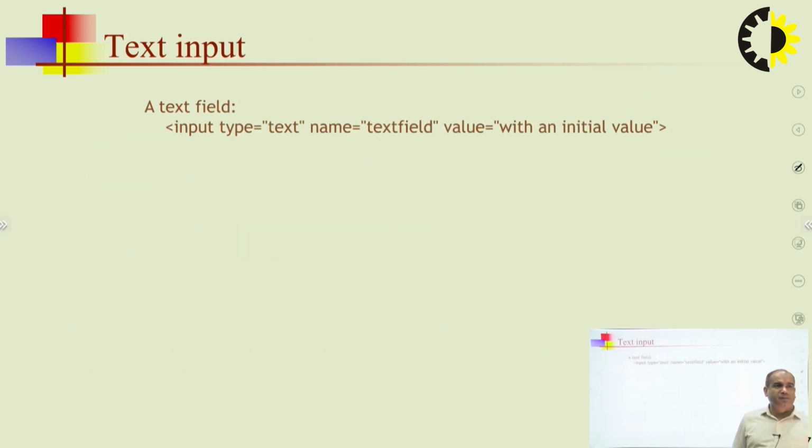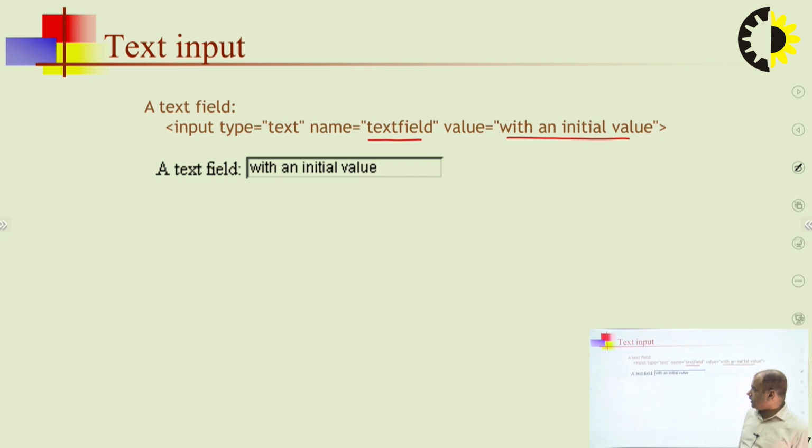So first we are talking about input type. The syntax for input type equal to text. Here is the name of that text box, text field. Value: if we write value, here the value means an initial value will be written. So we will see the output.